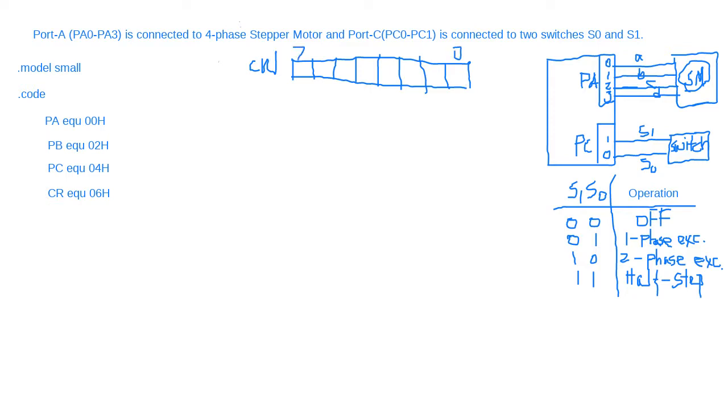Bit 0 is for port C lower, and port C lower is connected to the switches, so it is input.